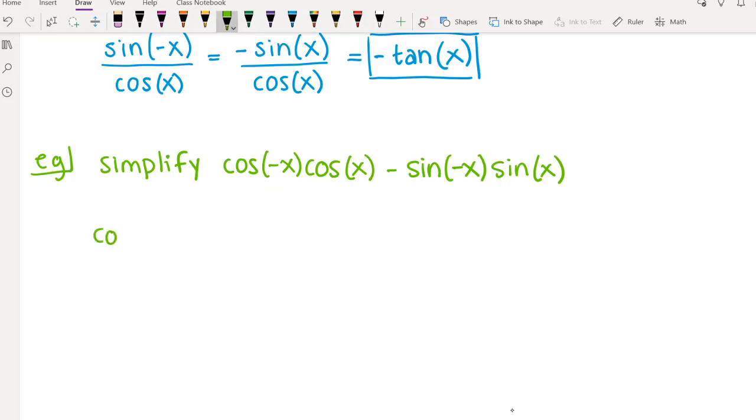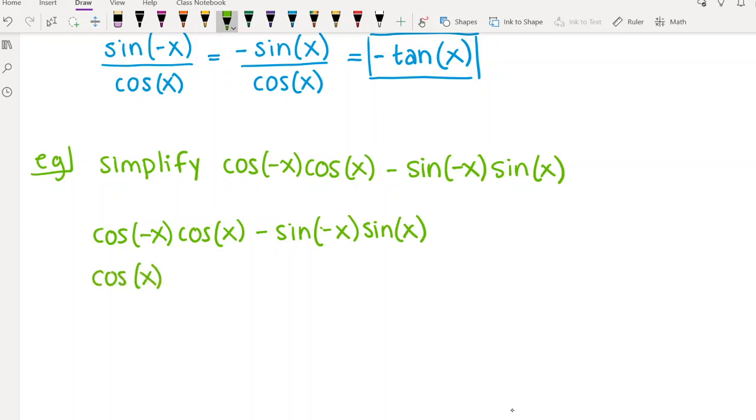So we want to start by rewriting this using the even and odd identities. Any time we see cosine of negative x, we're going to replace it with cosine of x. So we have cosine of x times cosine of x. The first appearance of cosine of negative x, we fixed that. And then when we see sine of negative x, because sine is odd, we can rewrite it as negative sine of x.